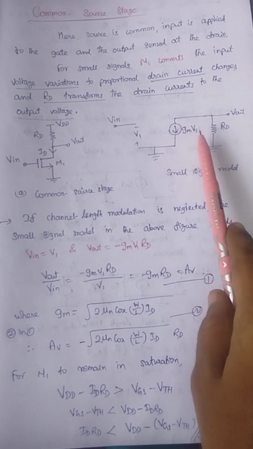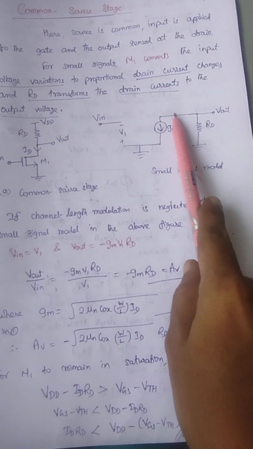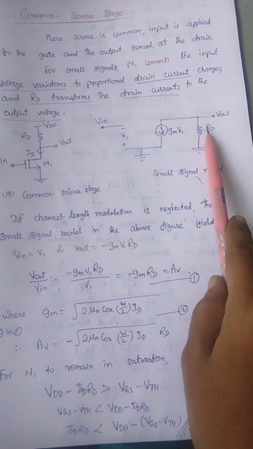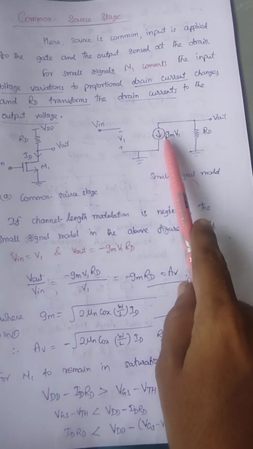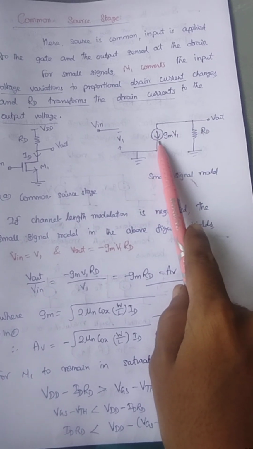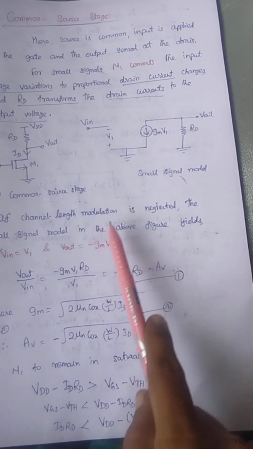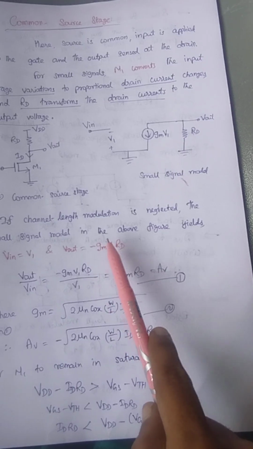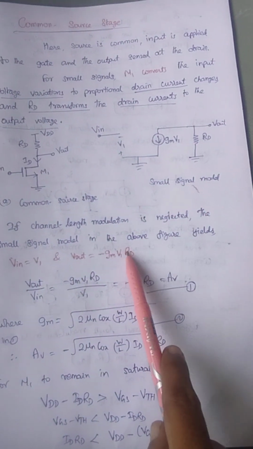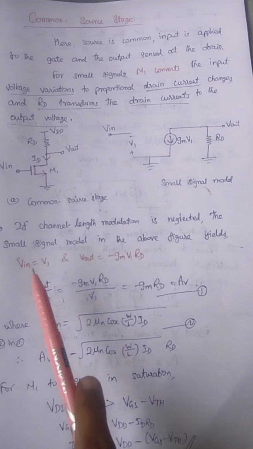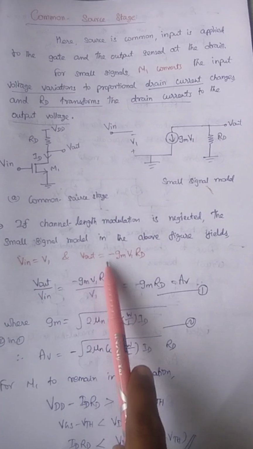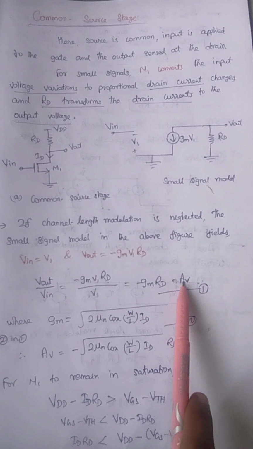Vout is equal to the current into resistance, that is V equal to I into R. So ID is, with a minus because this is 180 degrees out of phase, minus gm V1 into RD. This is my Vout. Now I am having Vin and Vout. Using these two we can find our voltage gain AV.